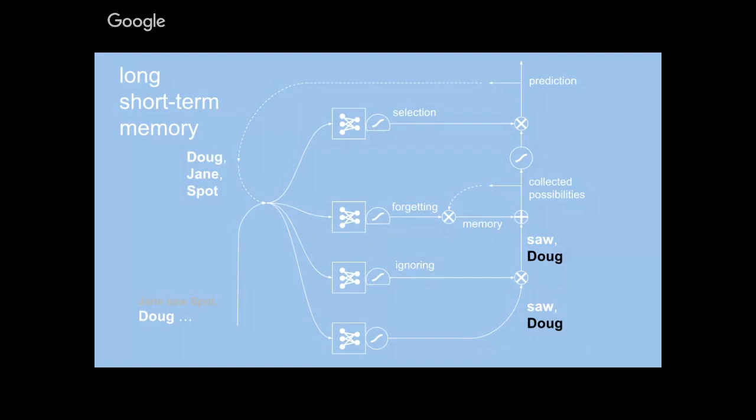Is my understanding correct that if we want to reduce this LSTM back to the normal RNN, then let ignoring be always no, always don't ignore anything, and let forgetting be never forget, right?